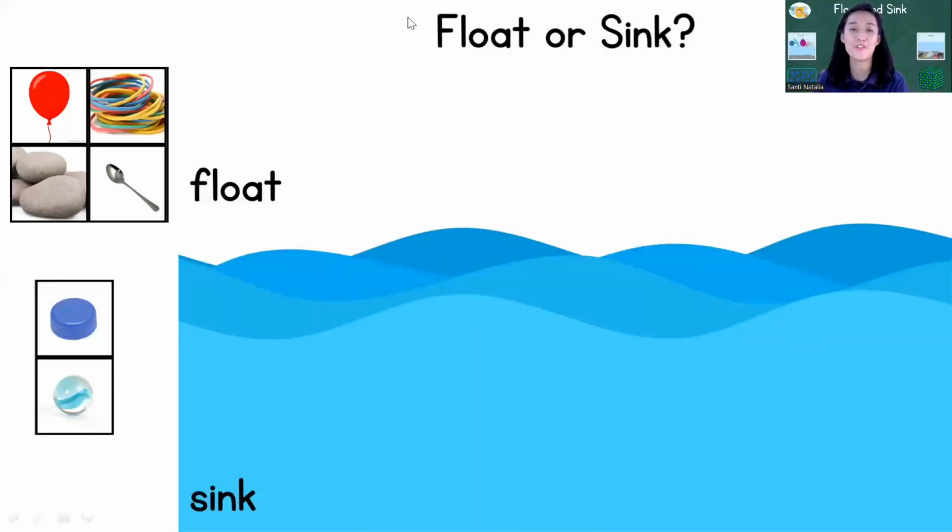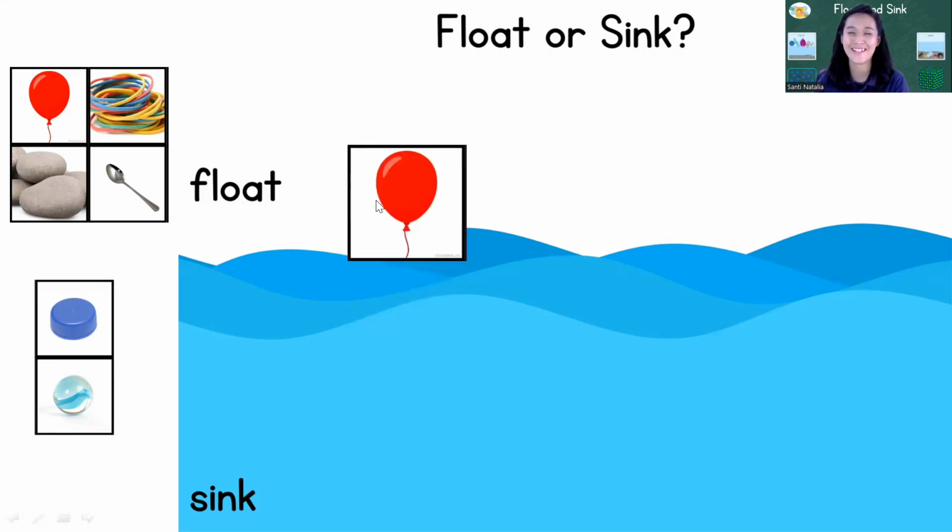Now let's take your paper, children, and your glue. Let's see the picture one by one. The first one, I have a balloon. Check your balloon. Is the balloon floating or sinking? The balloon stays on the surface, so the balloon is floating.